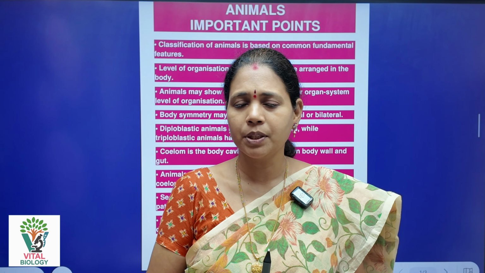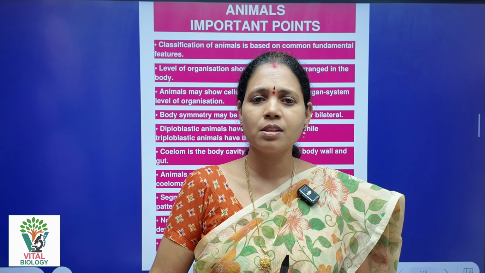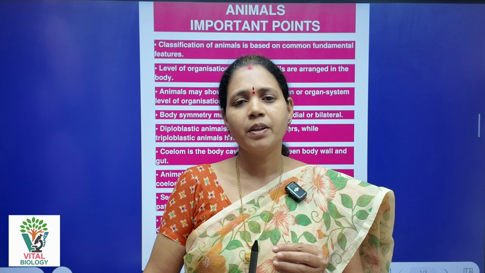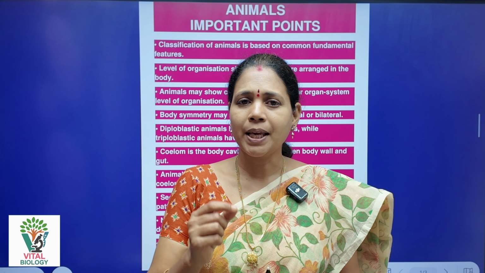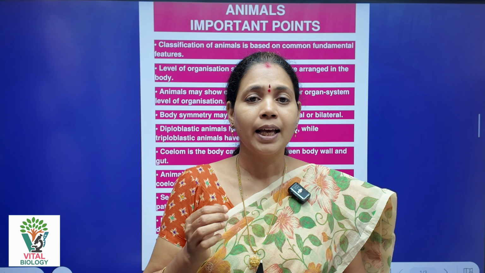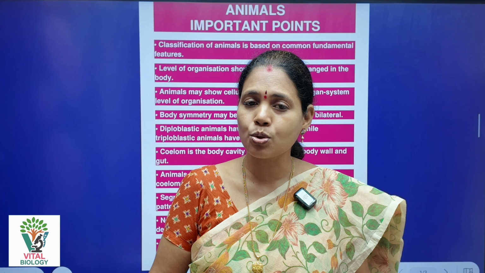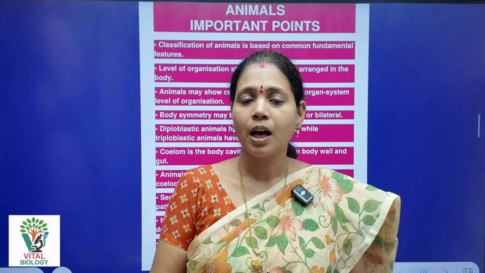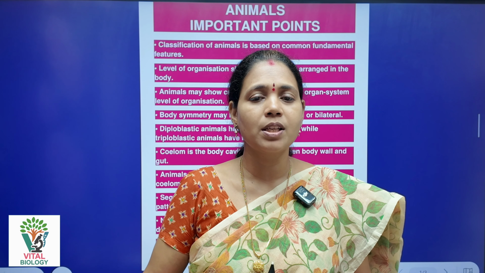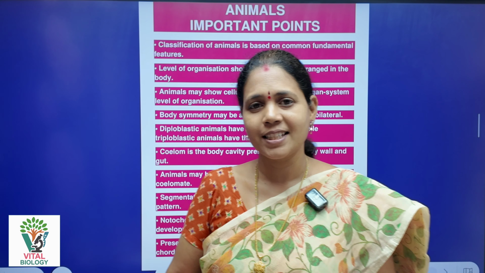Some are simple whereas some are complex organisms. So now in this particular class, we will mainly focus on the basic features or the characteristic features which mainly help to understand these organisms, and also help in arranging these animals in a proper systematic manner. So let's start the class.